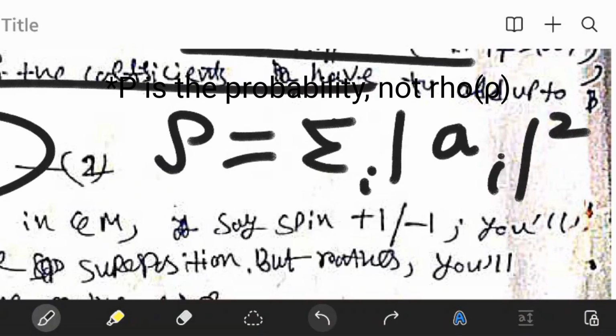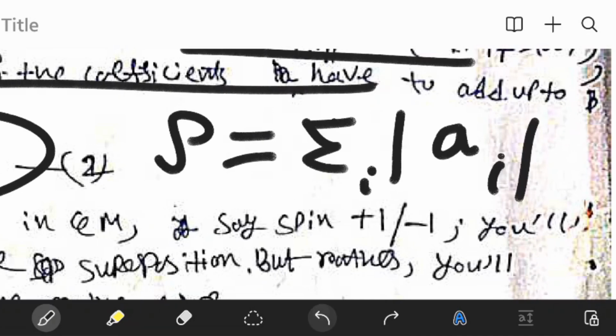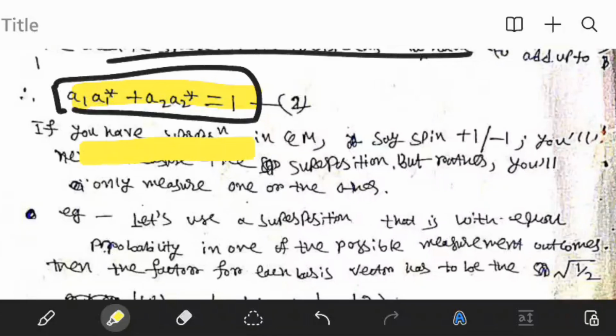Now i can go from 1 to n, and here n is 2, so we have two terms. Suppose you have a quantum mechanical system which is in superposition of +1 and -1, two spins. You will never measure the superposition itself, but you will measure only the classical probability, either +1 or -1.